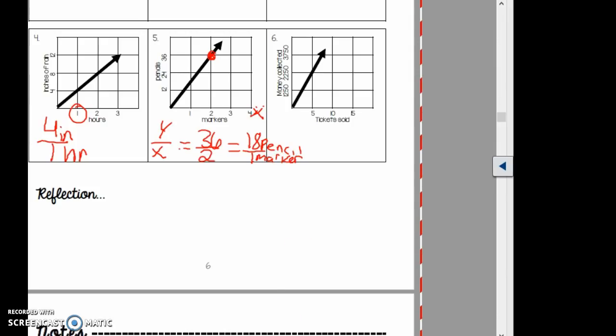Now in the next graph we have the same problem. We don't have a unit rate, so we have to find the unit rate. Can you tell us the first point that we can use? 5. Mm-hmm. But where does it go up to? We can't use just 5. Where's the point where 5 meets? Okay, so write y over x.